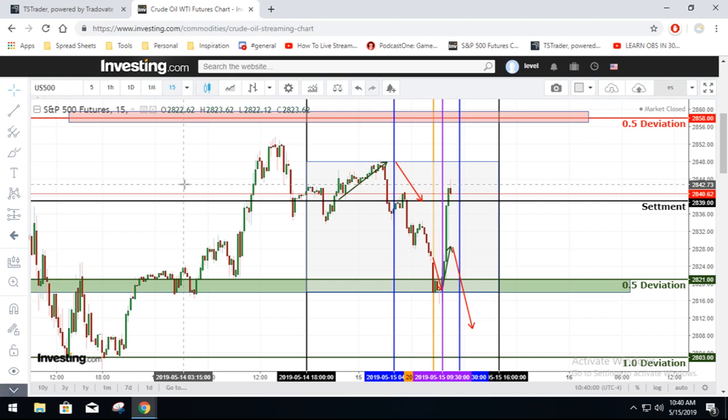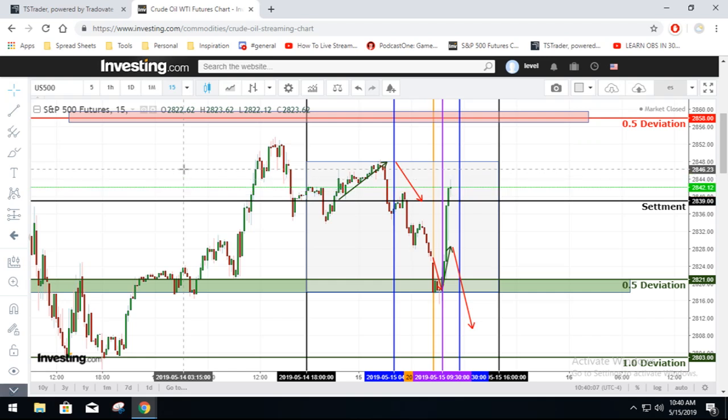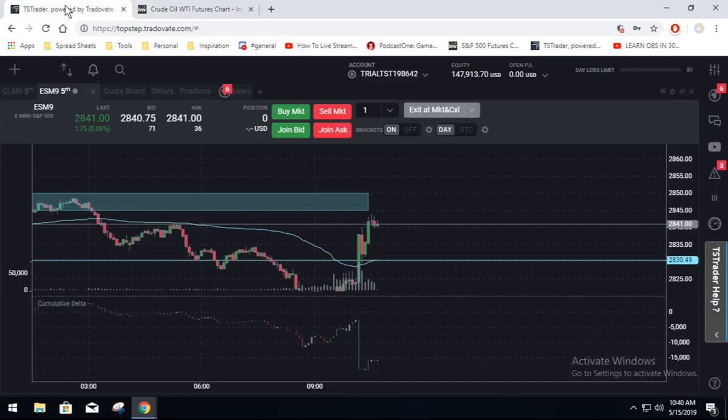So we just tested overnight PLC 38.5 or 46. Now this one point will be very important to me. I'm watching the price action in the market.